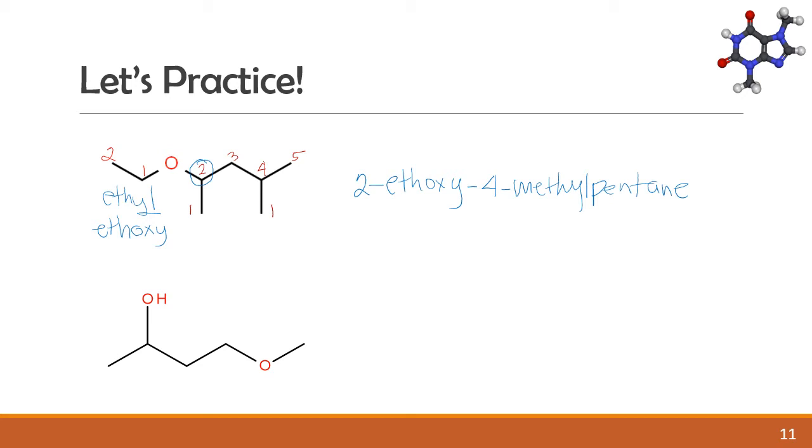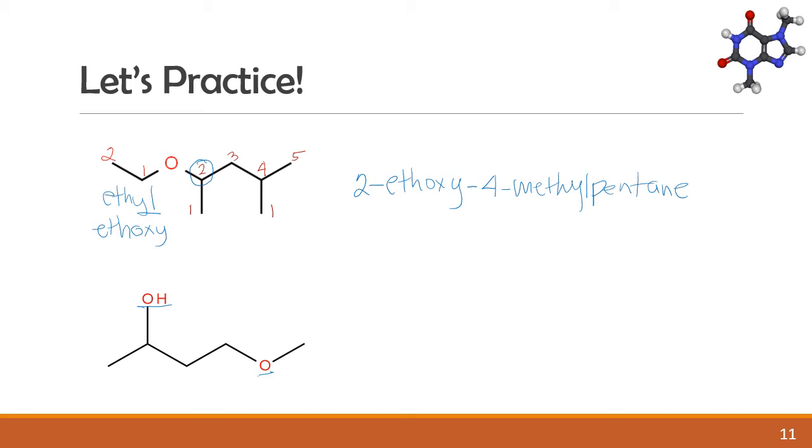The next compound has 2 functional groups. Here we have an ether, and over here we have an alcohol. In this case, naming the parent chain is based on priority. Alcohols have a higher priority than ethers in parent chain names, so alcohol names will automatically be the parent chain between these two functional groups.